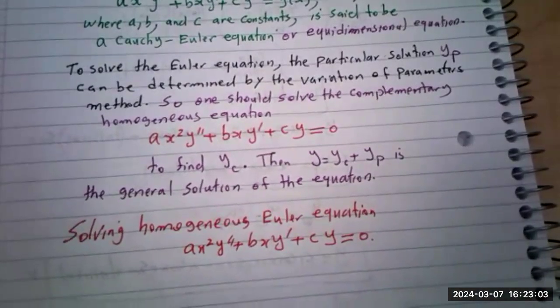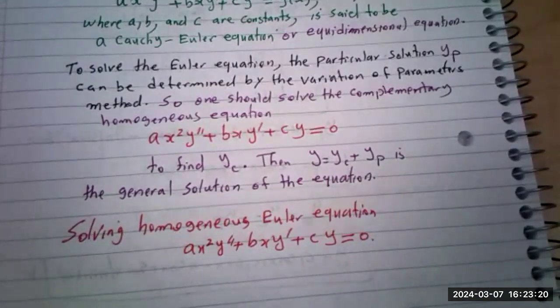Remember the way we solve the homogeneous equation with constant coefficients? We forced the solution to be something like e to the rx. We did a similar one at the beginning of the course. For this type of equation, we are going to force the solution to be x to the r, not e to the rx. So we assume that the solution is x to the r. Then it must satisfy the equation. So we find the first derivative, r x to the r minus 1. We find the second derivative, r times r minus 1, x to the r minus 2.